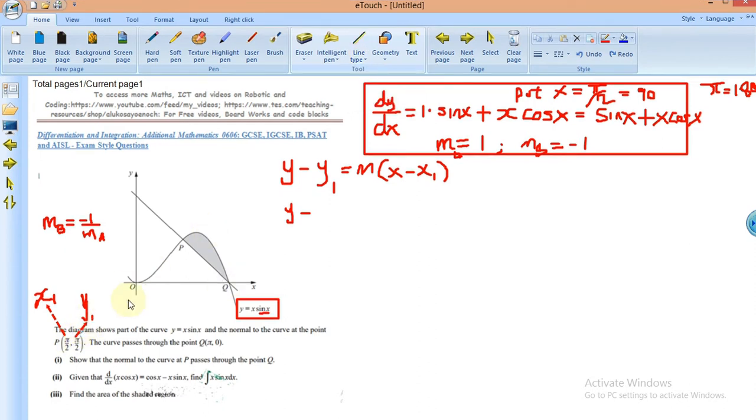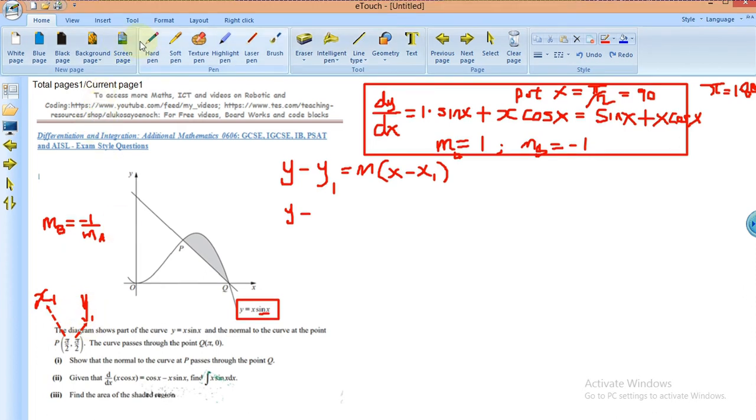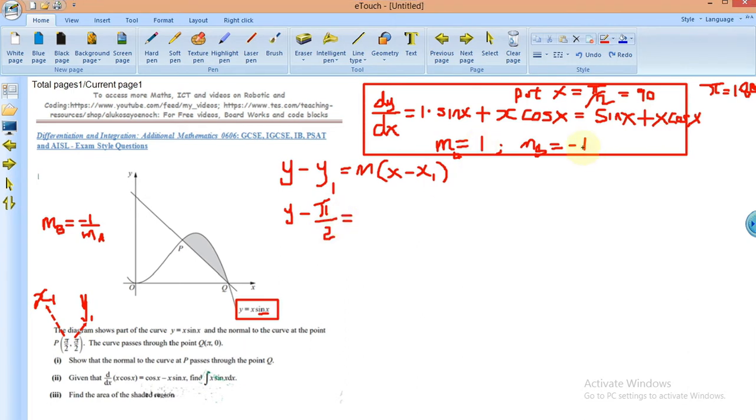Anywhere you see x1, put pi over 2, and anywhere you see y1, put pi over 2. So y minus pi over 2. Now this is the equation of the normal to the curve, so you are not going to use this gradient, you use the gradient of the normal. That is minus 1 into x minus pi over 2. Hope that is clear.